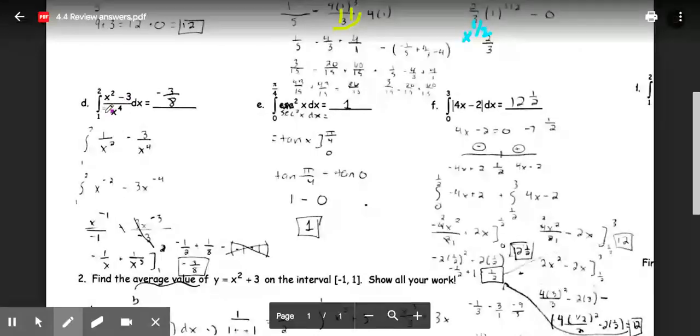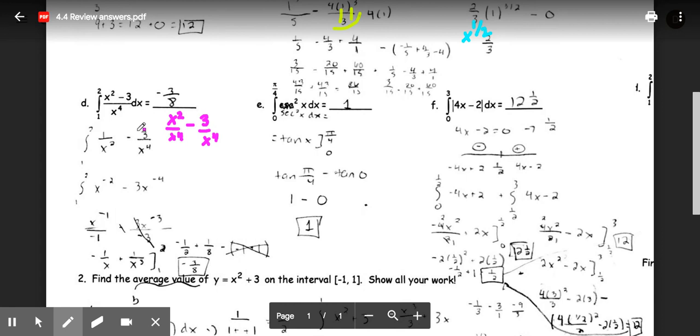You're probably thinking, how the heck do you get from this to this? All right, this is like a recurring question. When you're dividing by one term here, you are taking this x to the fourth and dividing it into each term in the numerator. So essentially, you're splitting it up into x squared over x to the fourth, and then minus 3 over x to the fourth.